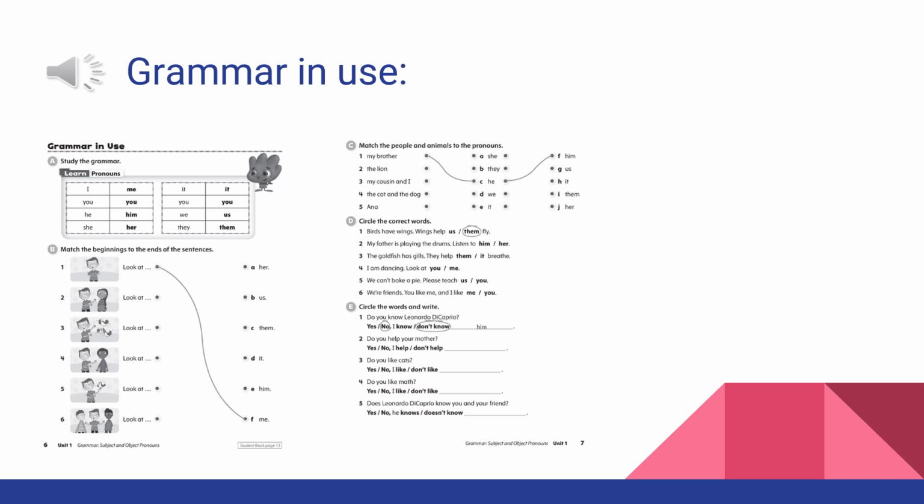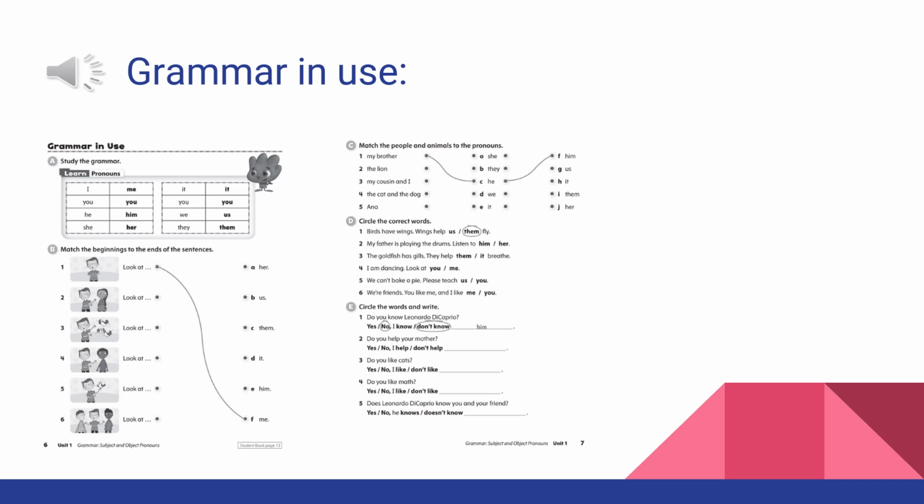My brother is matched with he and he is matched with the pronoun him. The lion. As I've told you, what do we use for the animal? It. And it is matching with the pronoun it.